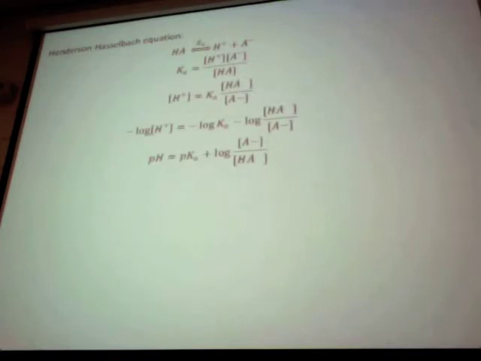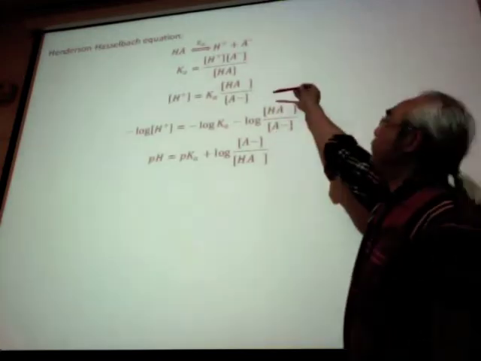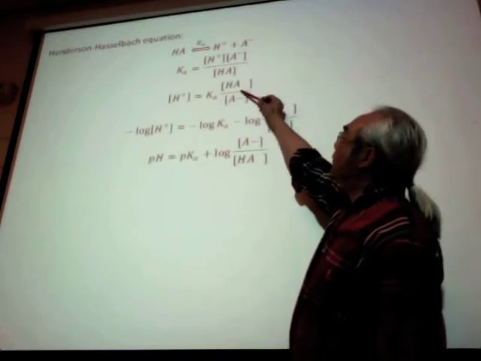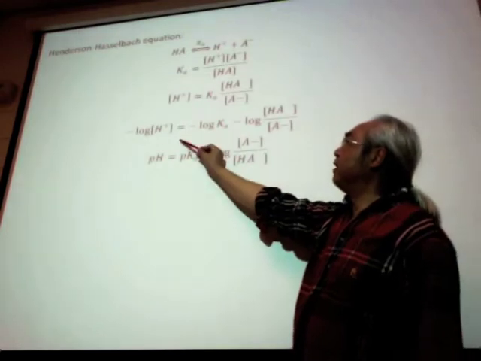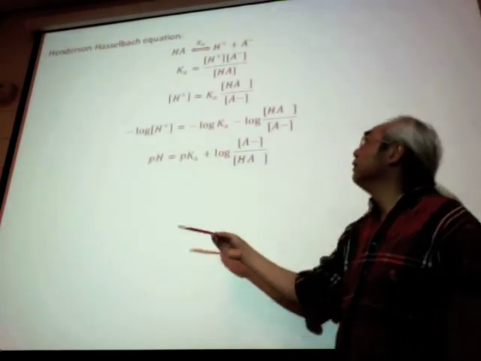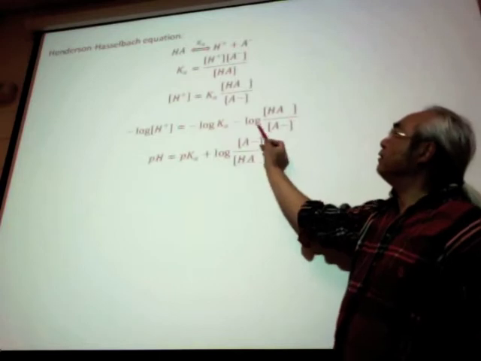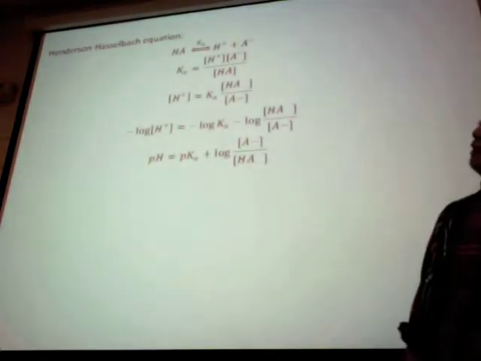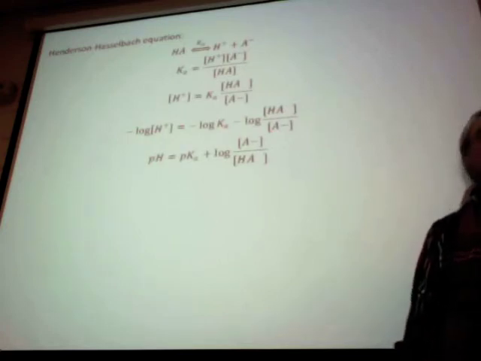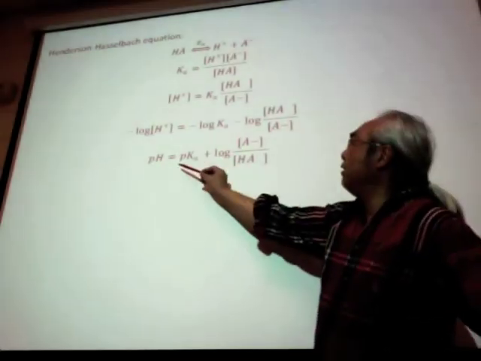Okay, here comes the real buffer equation that you are familiar with. And it is actually derived from the Ka expression. So if you keep on going, incorporate the minus logs for the P function, then do things like this, and this is how you end up with the Henderson-Hasselbalch equation.